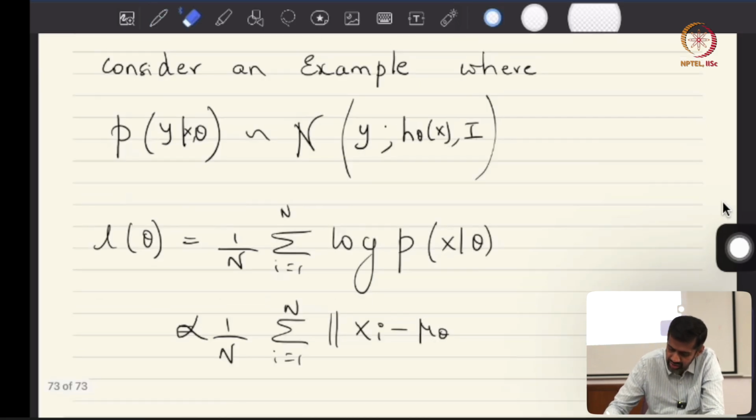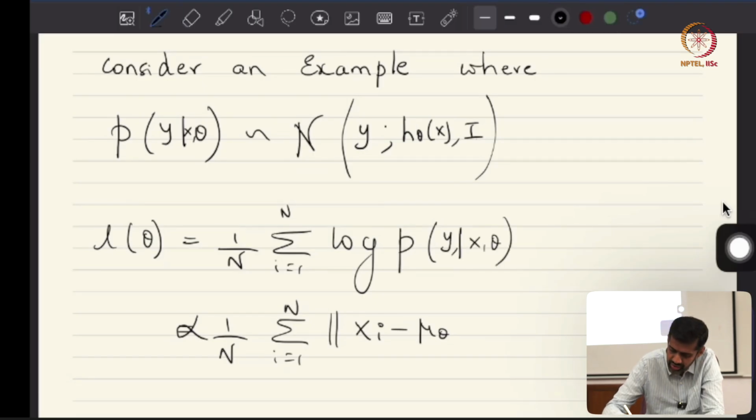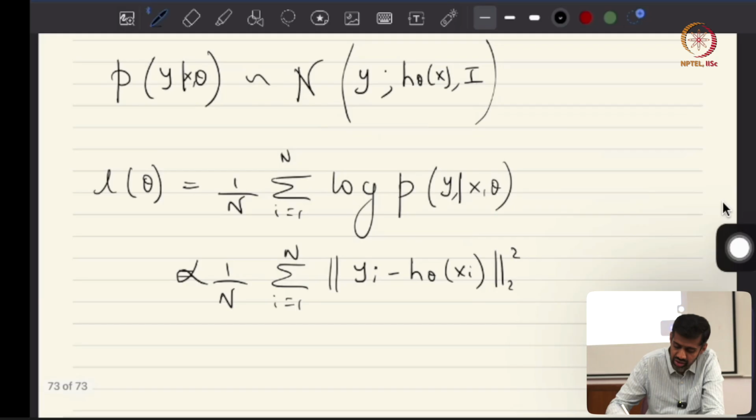In that case, this is going to be y given x and theta, and this will be yi minus h theta of xi, ignoring all the other constants.